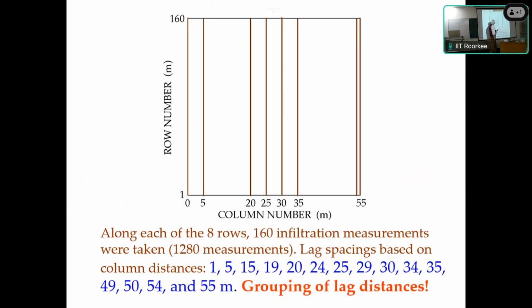And 29 was 25 to 54. 30 was 0 to 30 and 25 to 55. 34 was 20 to 54. And 35 was 20 to 55 and 0 to 35. And so on. And 50, then 49 and so on. So you get the idea. Different numbers of neighbors. But since we have so many measurements within each row, it was a tremendous data set.